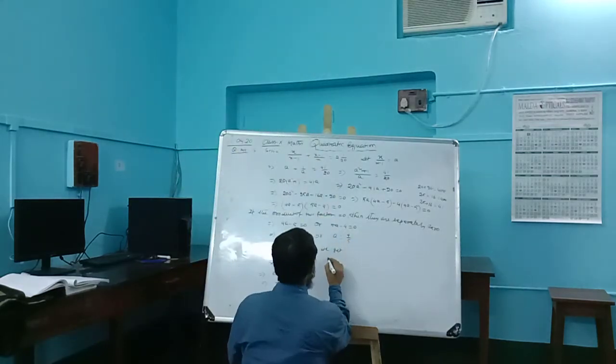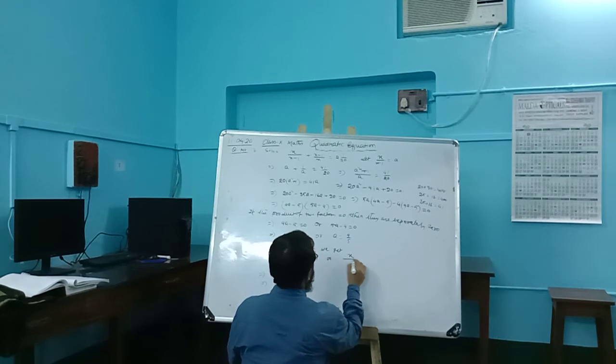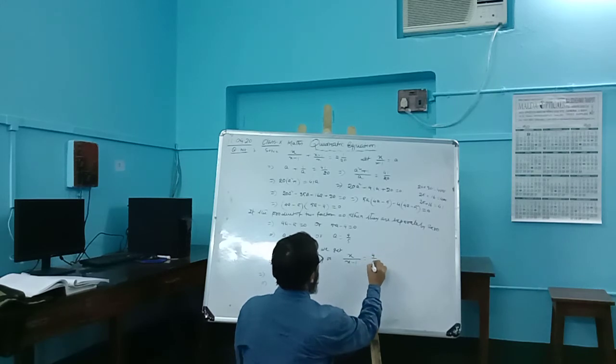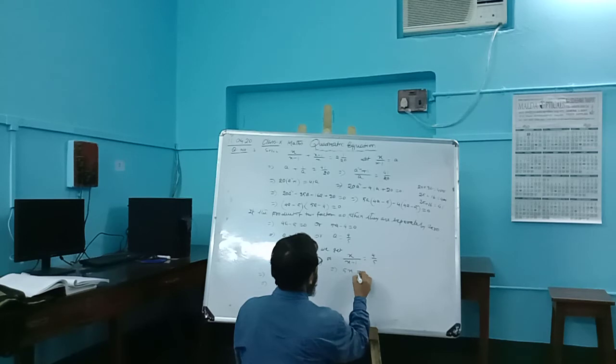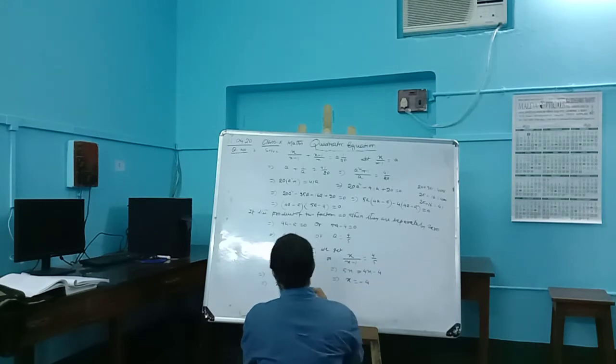Or x/(x − 1) = 4/5, which implies 5x = 4x − 4, so x = −4.